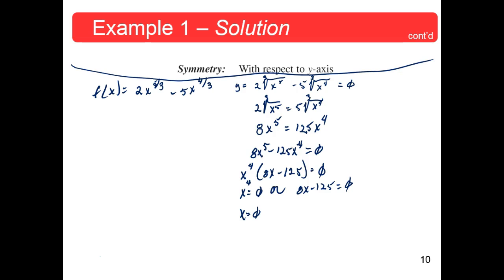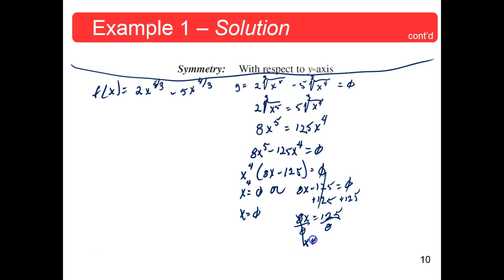What does that tell you? Add 125 to both sides, and that gives you 8x equals 125. And then you divide both sides by 8.